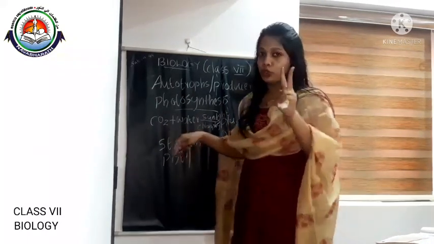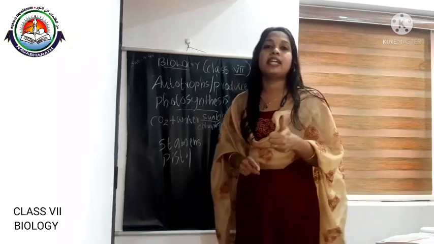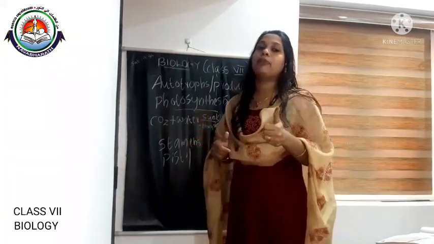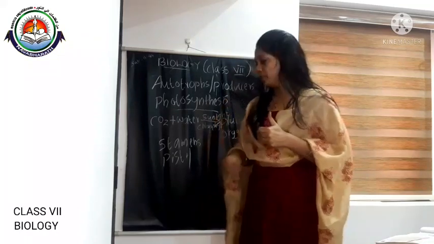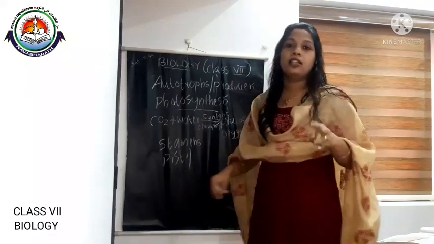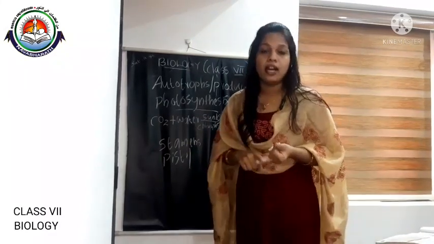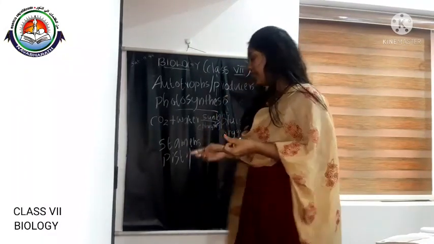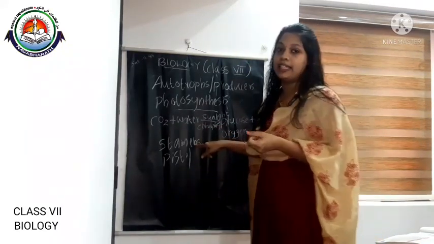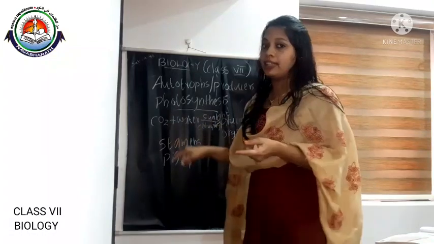Stamen contains two parts, a filament and an anther. Pistil contains three parts: style, stigma and ovary. As I told you, stamen contains filament and anther.